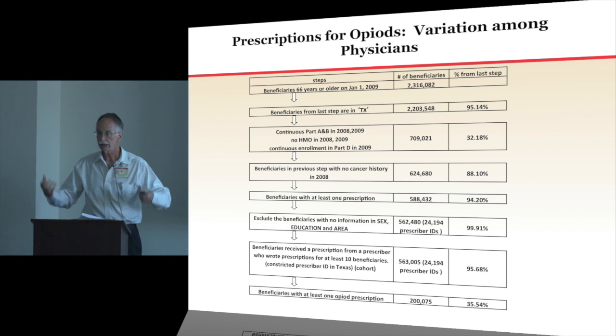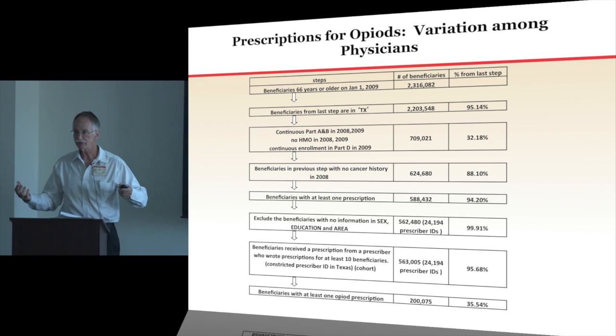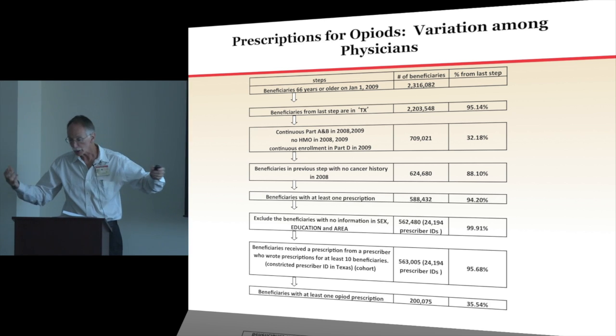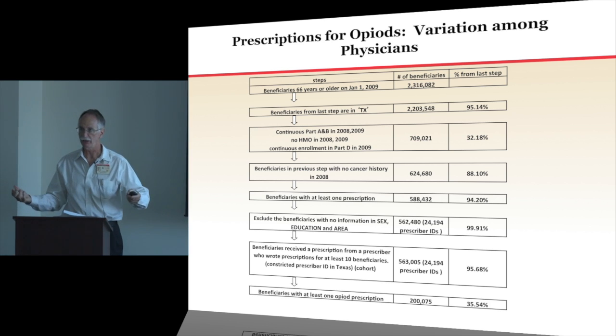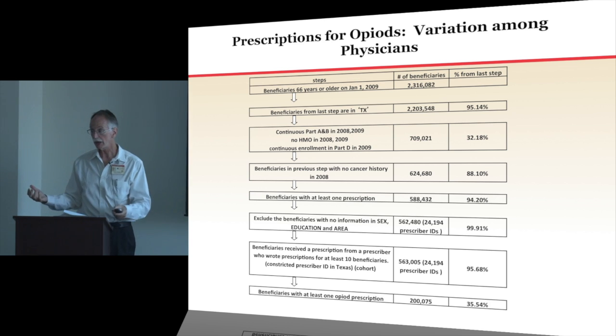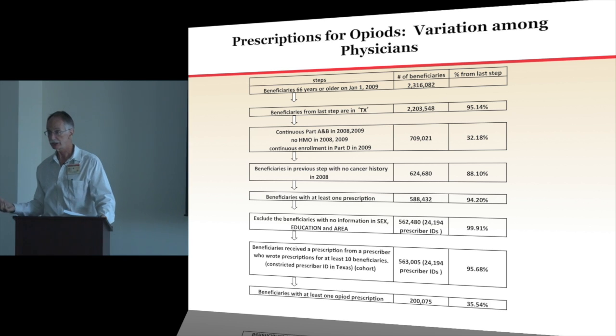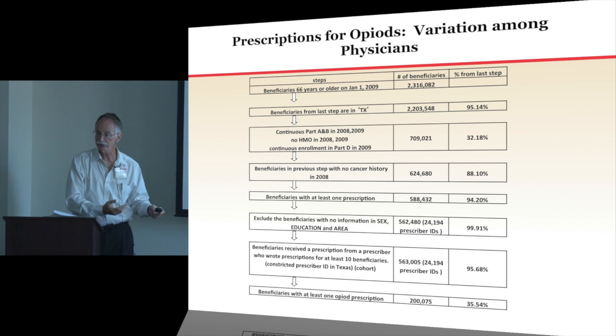And if you think about what it is to be a physician, our primary responsibility is to relieve suffering. It's not to do catheterizations, it's to relieve suffering. So we have to be attuned to trying to relieve the pain in our patients. But what's happened in the 2000s is there's been a lot of diversion of these drugs.